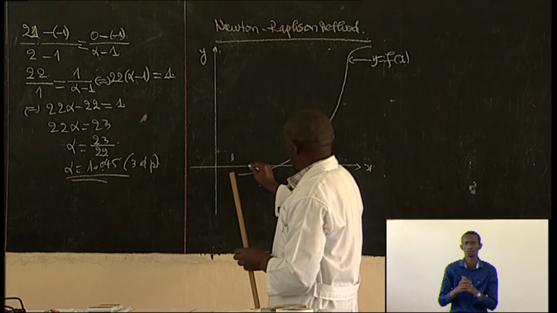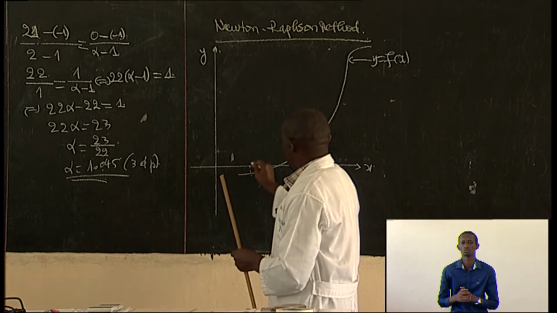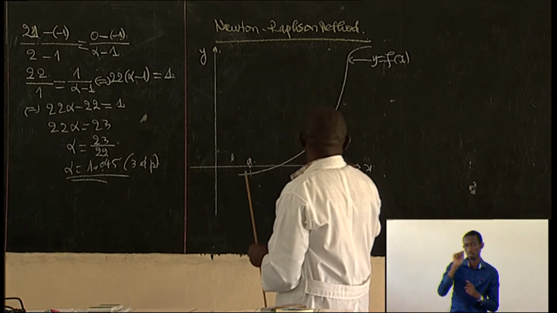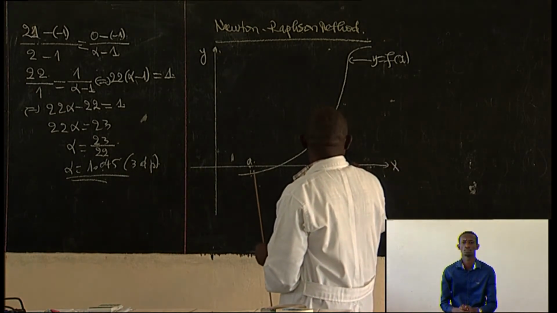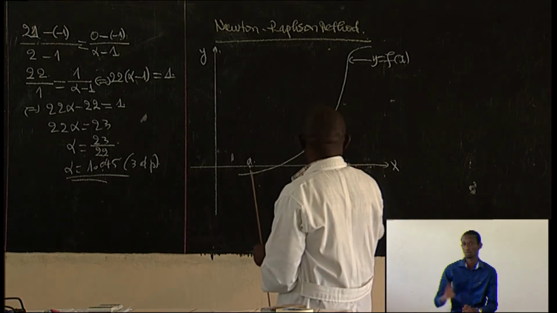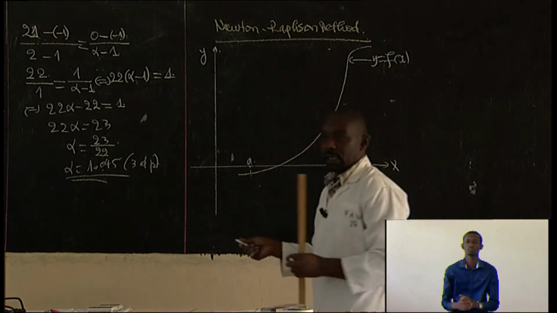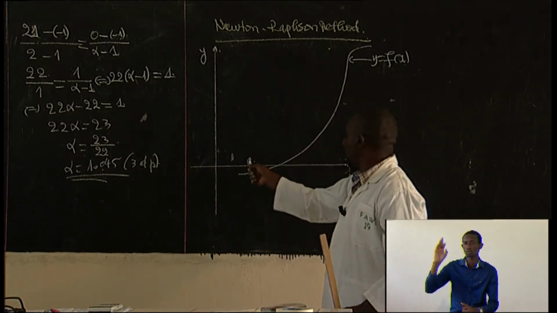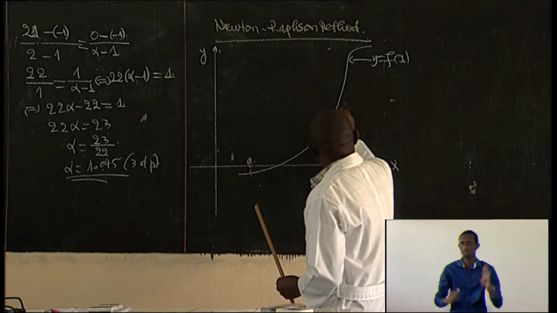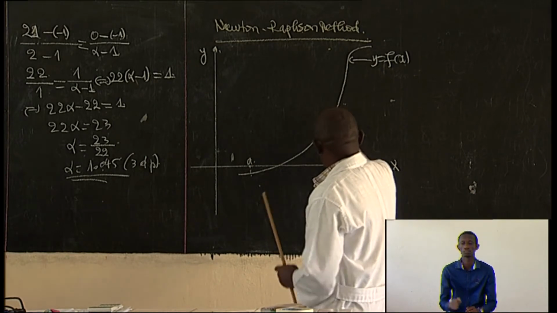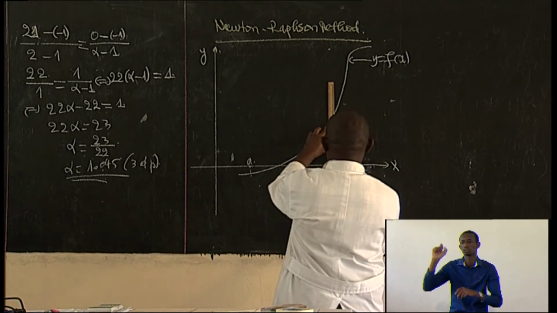And let me take a and b at this level, and the function is continuous between a and b. Let me find the tangent at this point.